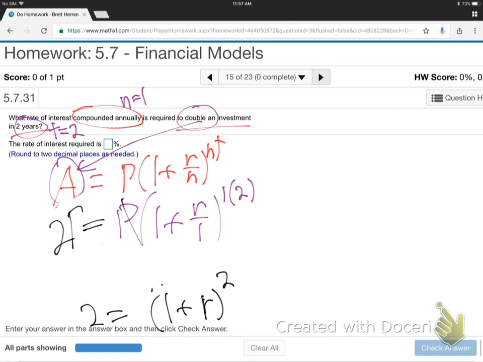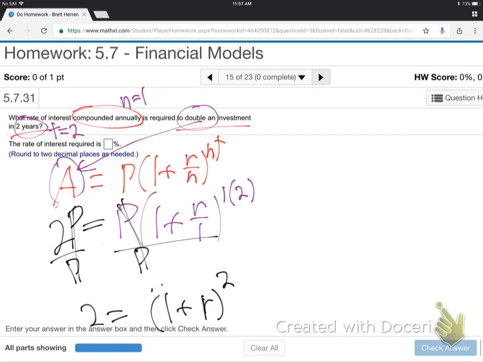Remember, it's not just 2, it's 2 times the principal, isn't it? It's 2 times the original investment. Does that make sense? A 2 alone would be meaningless. It'd be like me saying, hey guys, double. You guys would go, double what? Right, you got to double something, huh? So it's double P. There's no such thing as just double alone, right? It's double the principal investment. So don't forget the P there.